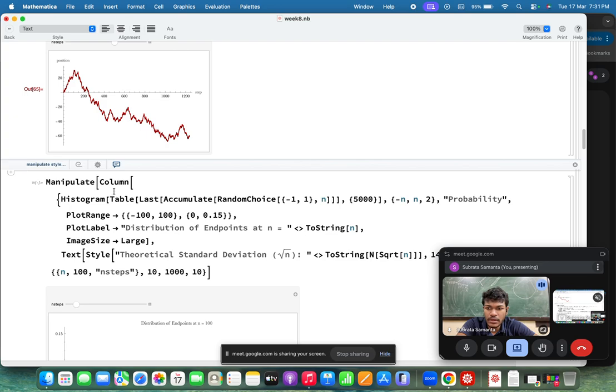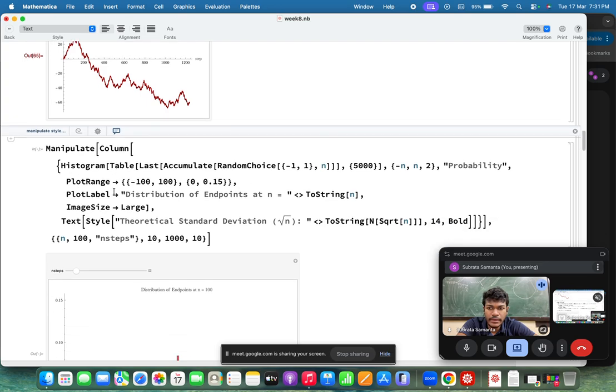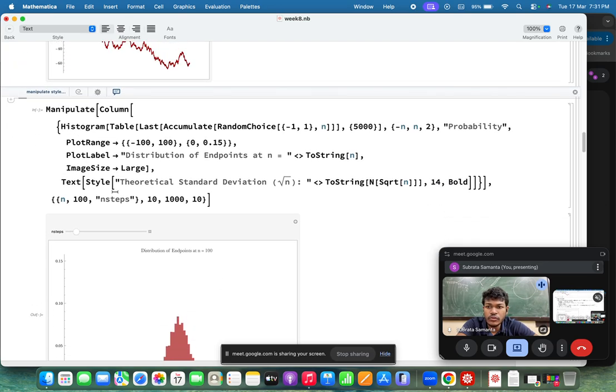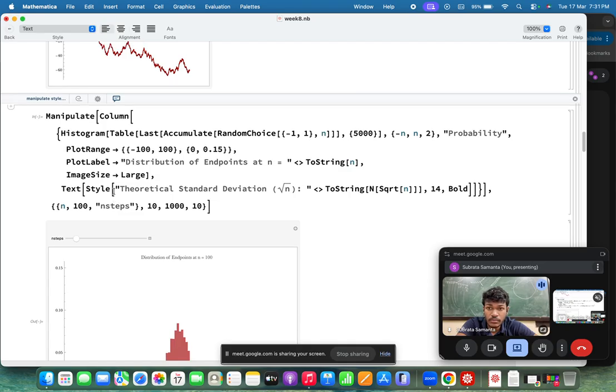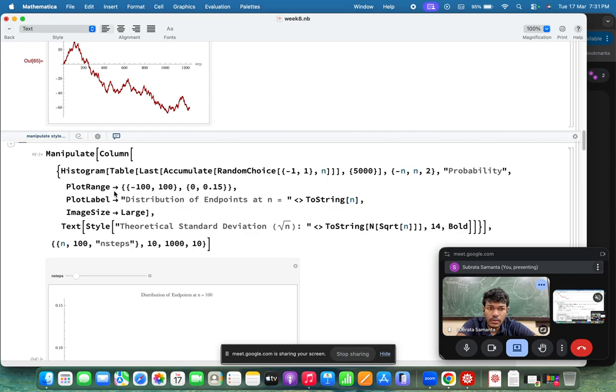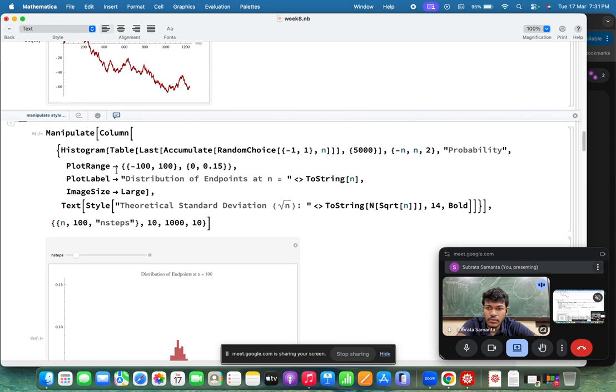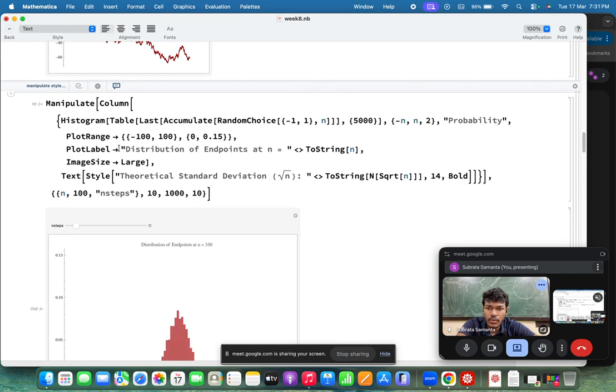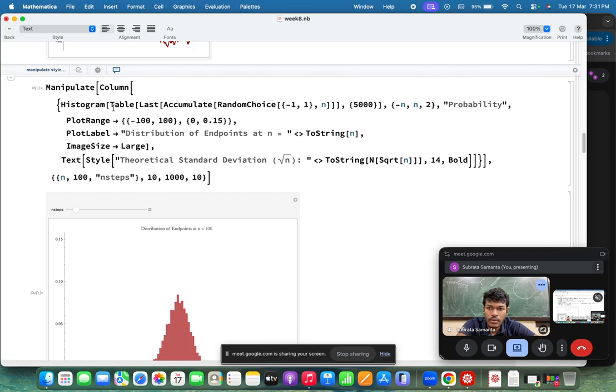So this is the thing, and you can also plot the histogram. So what is the histogram here?